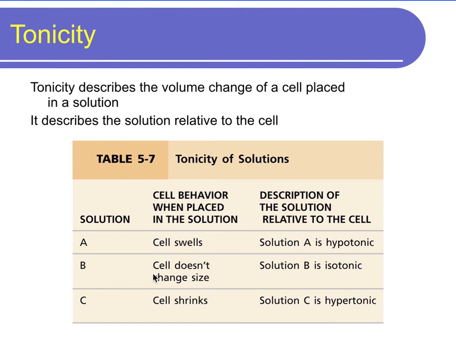If I put a cell into a solution and the cell does not change size, it's because the solution was isotonic to the cell. They had the same tonicity, so water didn't have to go anywhere. If I were to put a cell into a solution and the cell shrinks, it shrivels up, what's happening? The cell is losing water to the solution. Why is that happening? Because water follows solutes. So that means my solution had more solutes. So the solution was hyper, meaning more, hypertonic.